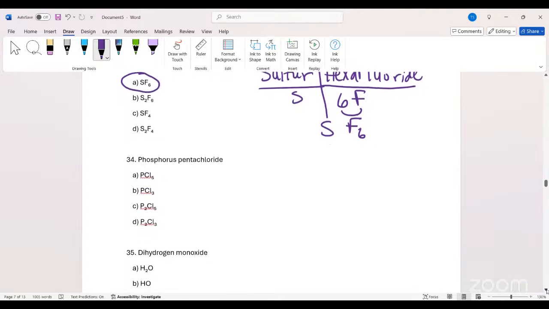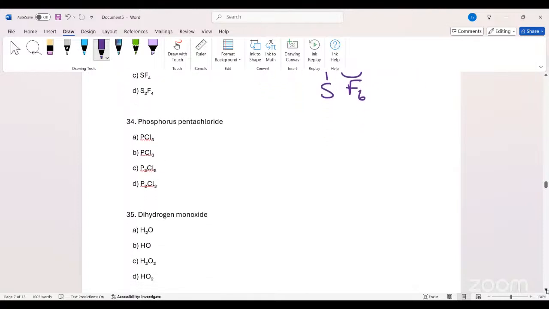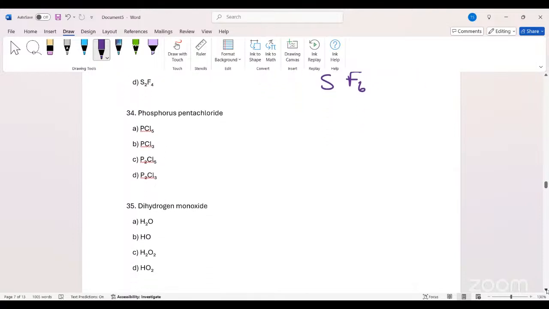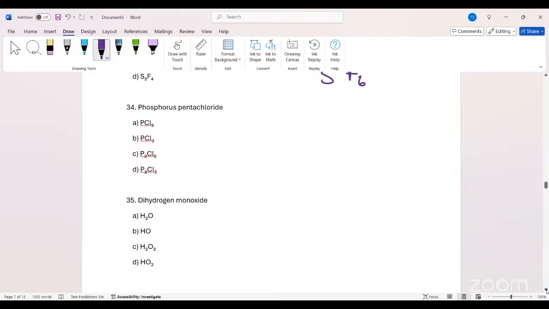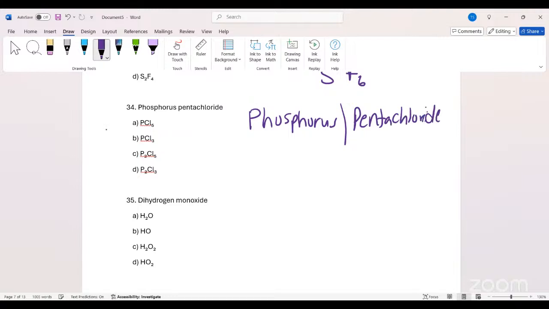34. Okay. Phosphorus is P. And then penta, like the pentagon, okay?